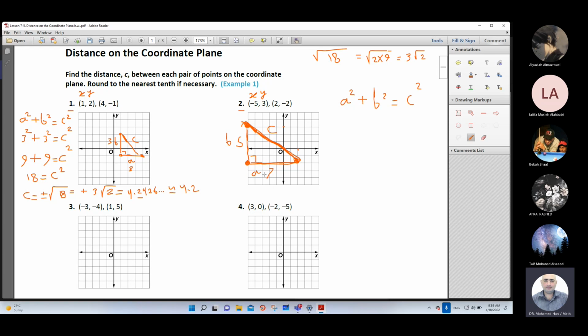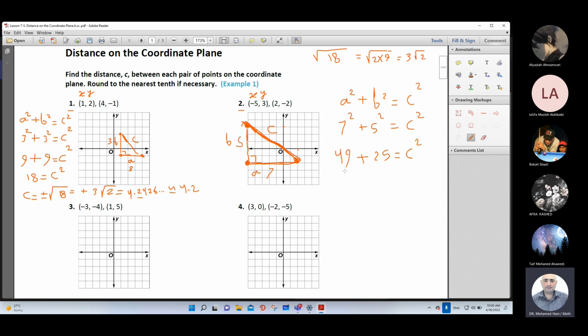So a will be 7, 7 squared, plus b is 5, so 5 squared, equals c squared. So 7 squared means 7 times 7, which is 49, plus 5 squared, which is 5 times 5, which is 25, equals c squared.